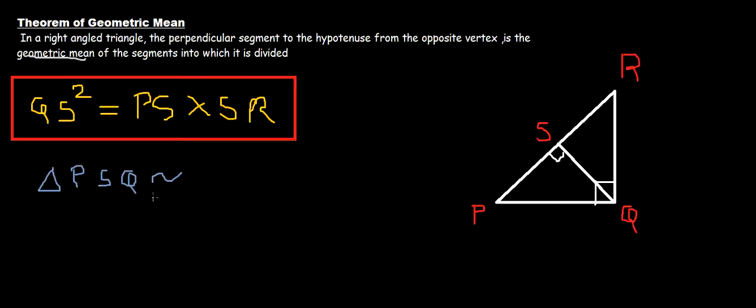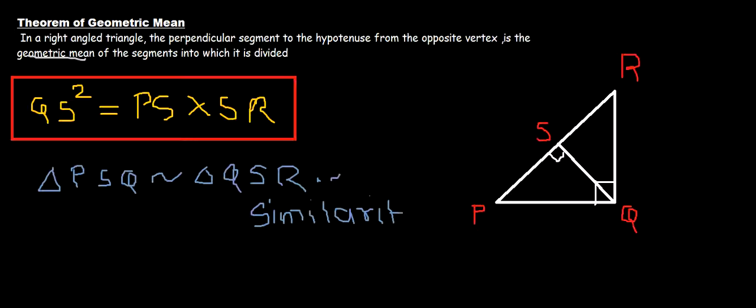So we have triangle PSQ similar to triangle QSR. We have got this from similarity of right triangles. This indicates right triangles. It's a right angle, and you can draw it like this also, which also shows that it's a right angle.